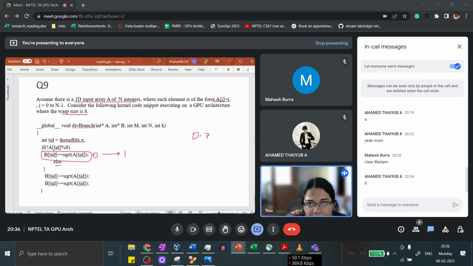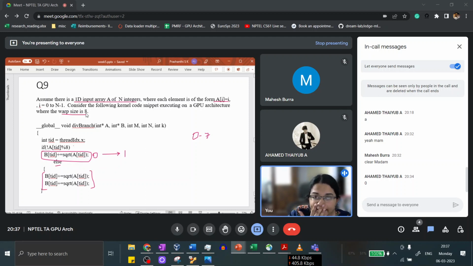A[1] is 1 and 1 mod 8 is 1. Not of 1 is 0, so it comes down to this path. Since no other element is 0, all of A[i] equal to i, so A[tid mod 8] becomes a non-zero thing, and the not of a non-zero thing is going to be a 0. So all of those will come down to this branch.